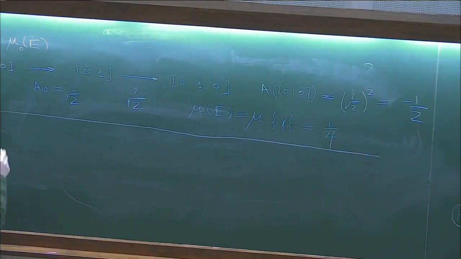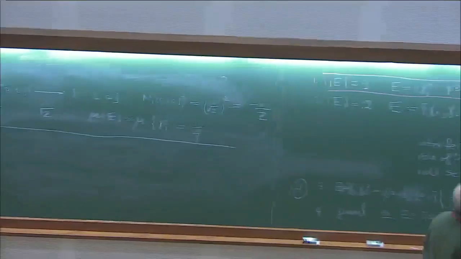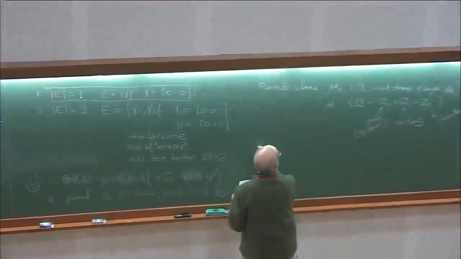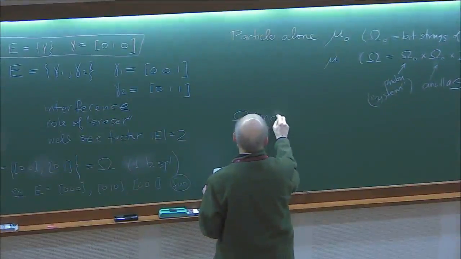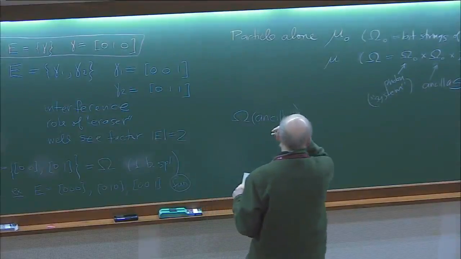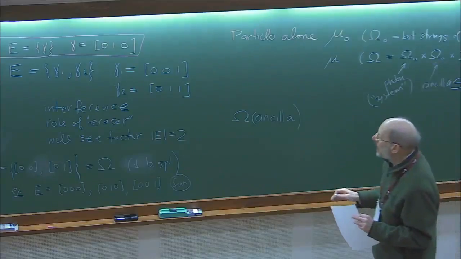So now let's redo everything, bringing in the ancillas. But I have to make a convention for the ancillas' history space. So let me put that over here: omega ancilla. Abstractly, it's again just a bit string, but this bit string has a different meaning now.